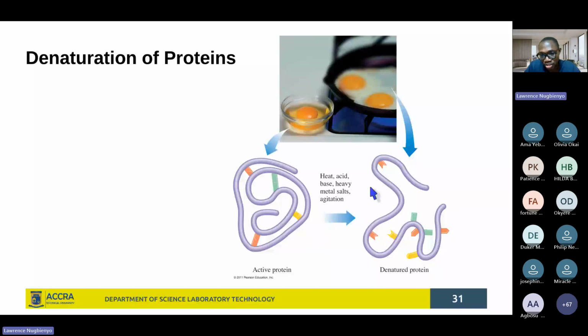So that is denaturing. So it's not about breaking down peptide bonds between amino acids. No. The breakdown of peptide bonds in amino acids, already that is going to be in metabolism of the protein, breaking down the protein into amino acids, which will then come together now to synthesize the protein that the body needs.